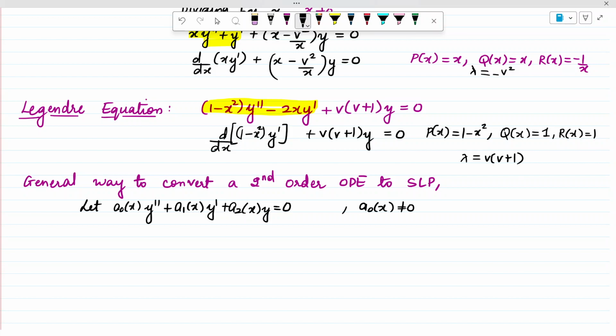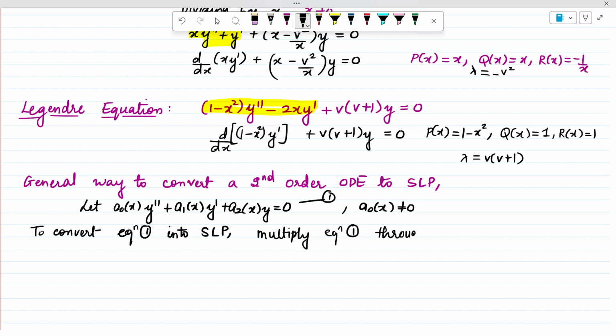To convert equation 1 into a Sturm Liouville problem, you multiply equation 1 throughout by nu of x. Now what is this nu of x?